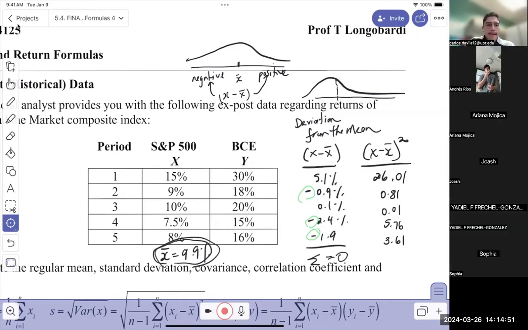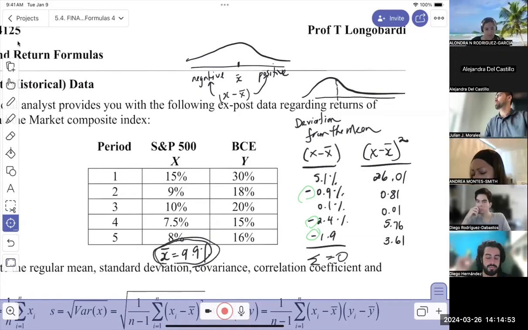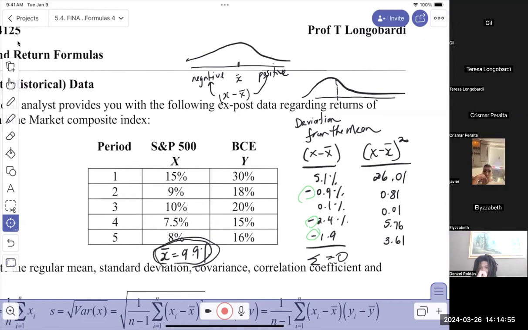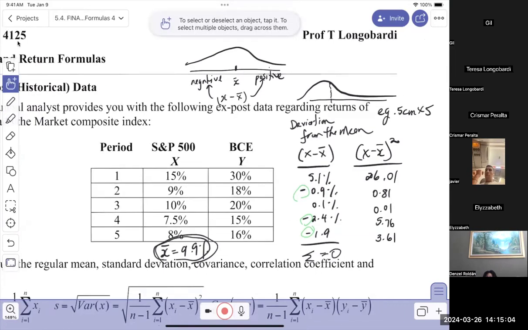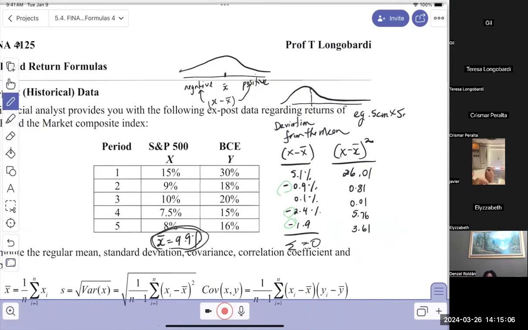So when you square a value, you also square its units. So for example, when you take 5 centimeters times 5 centimeters, what do you get? 25 centimeters squared.